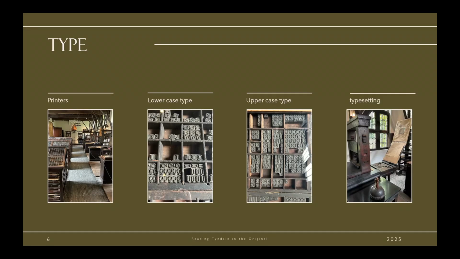What was very interesting was to learn that there were two lots of letters: a lowercase, which had the small letters, and an uppercase, which had the big letters. That gives us the terms lowercase and uppercase. So it's amazing to think that when we say lowercase and uppercase, we're actually referencing that ancient printing system.